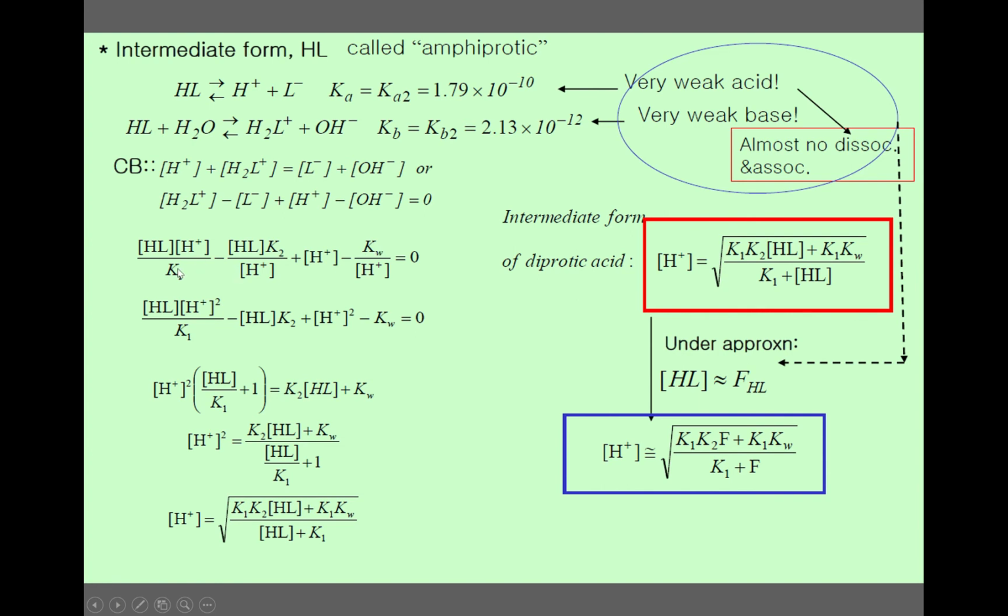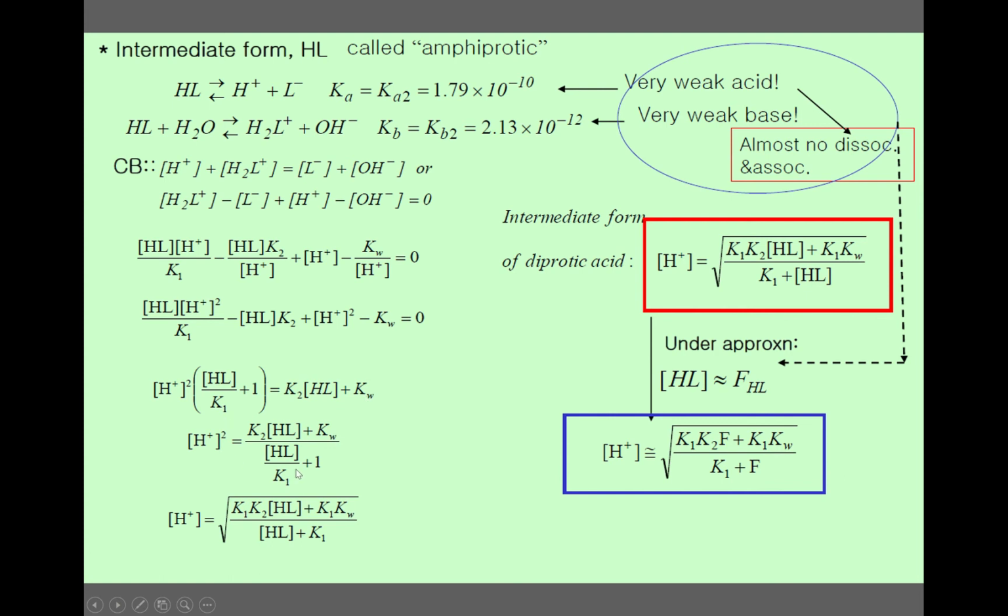If we multiply the proton concentration on both sides, it becomes a quadratic equation in terms of proton concentration. This quadratic equation is very easy to solve, right?